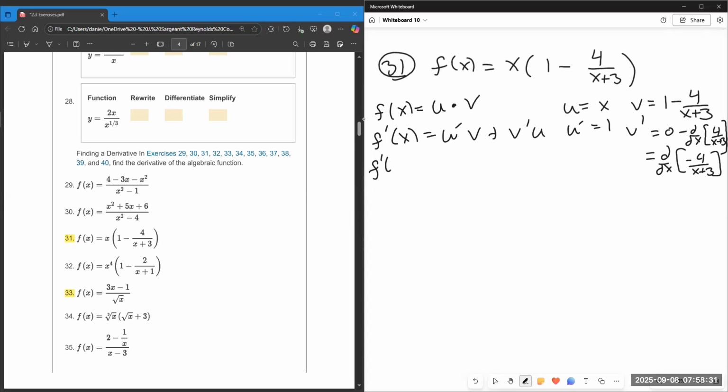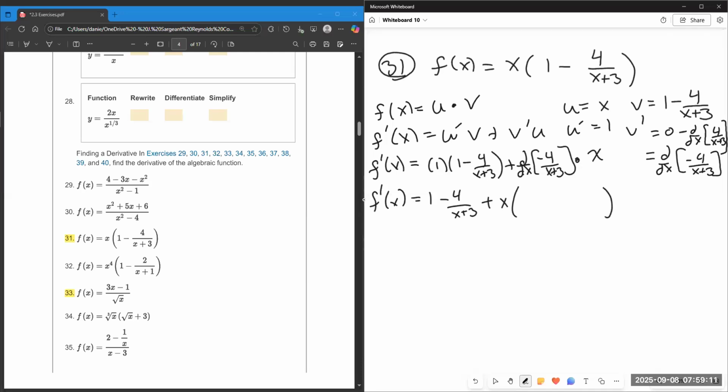All right, so f prime of x is 1 times 1 minus 4 over x plus 3 plus the derivative with respect to x of -4 over x plus 3 times x, and so we have, I'll open a set of parentheses here, and now I have a new portion here that is a quotient.